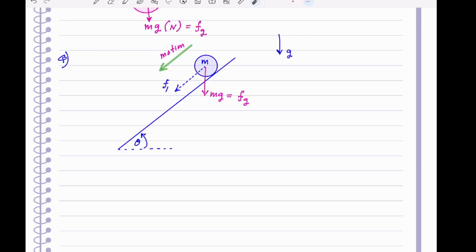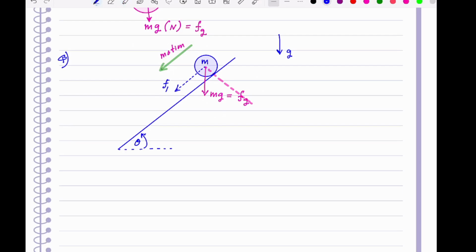That pulling force is derived from this mg, right? How do you get it? Now you're going to resolve it, right? This resolving part I taught you in the previous lesson where I was teaching projectile motion.